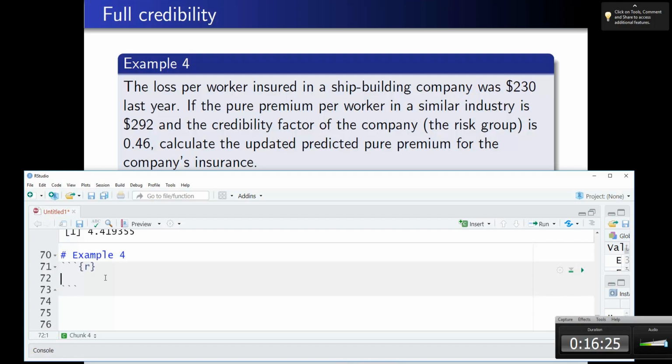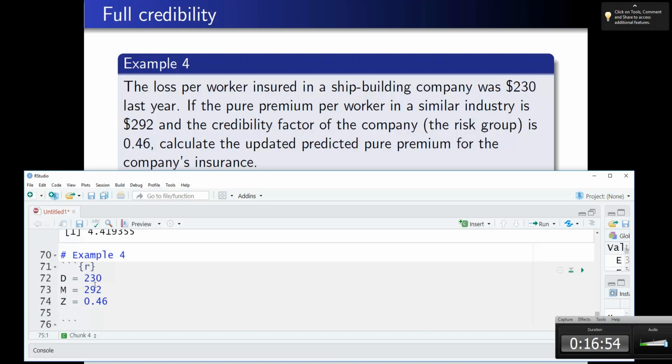Okay, so what we have? We have D equals to 230, and we have the M equals to 292. And Z we have 0.46. So what can we calculate? We can calculate the pure premium.